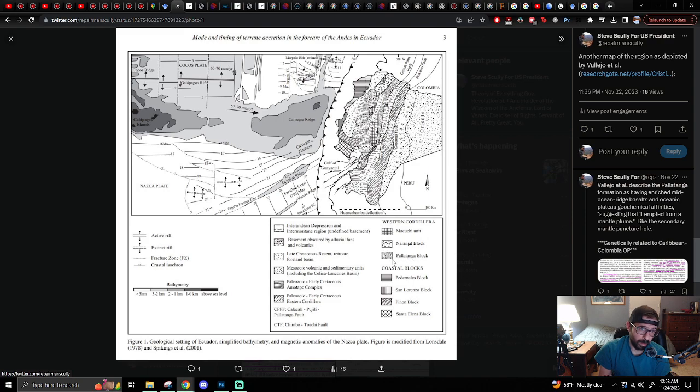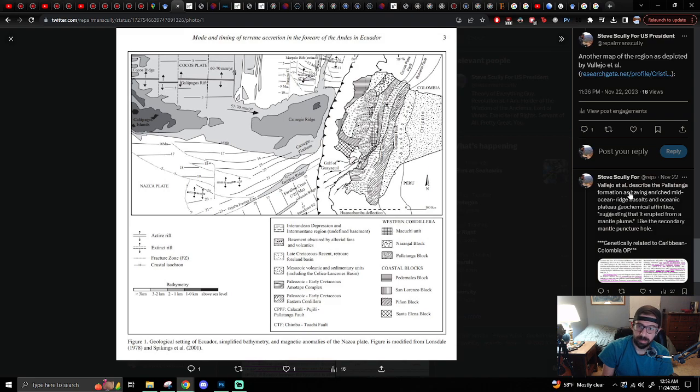Pallatanga block is these really close dots, this one here, right there. And then the Piñón block is side at an angle, which we can see up here, or no, here. So notice the Pallatanga is inland further than the Piñón block.